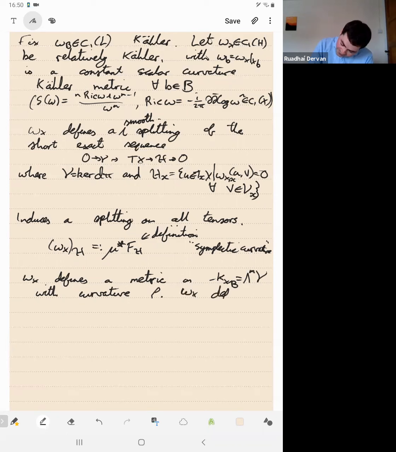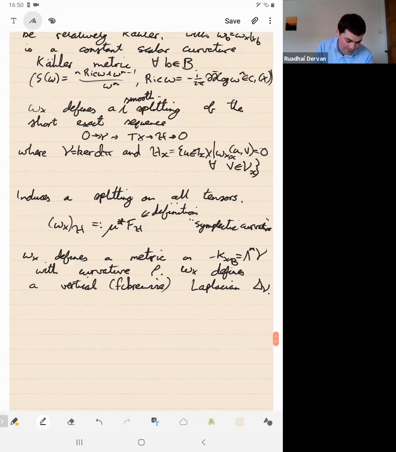We also get a vertical Laplacian, by which I mean a Laplacian operating fiberwise, Laplace_V. Okay, now we're doing pretty well. We can set eta to be a function on X, which is the vertical Laplacian of the contraction of the curvature.